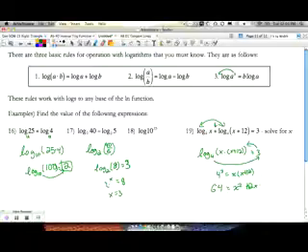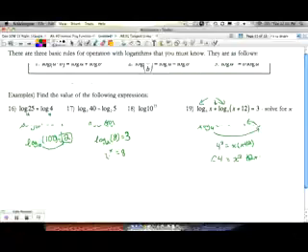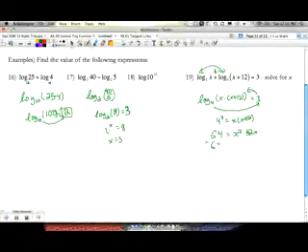Now if I'm trying to solve a polynomial of degree 2, a quadratic type function, I can try to factor it. So let's see if I can factor it first. I'm going to subtract 64, set it equal to 0. X squared plus 12x minus 64 equals 0.